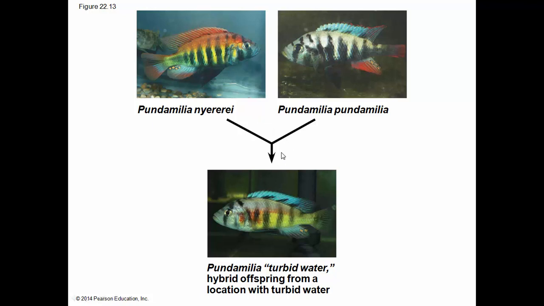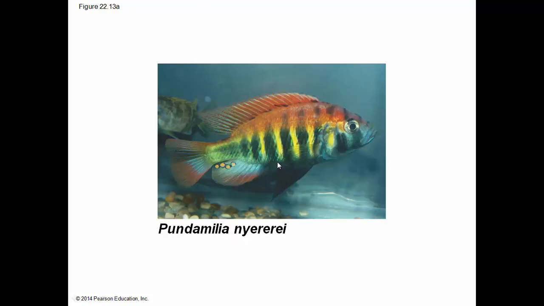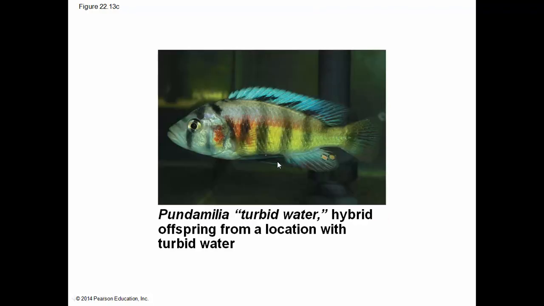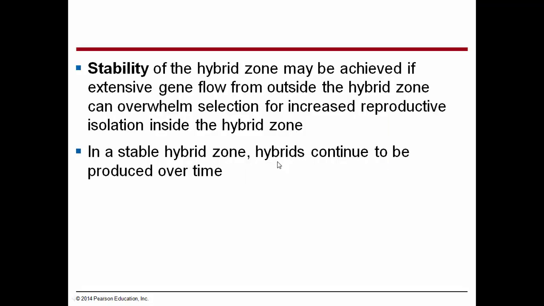These populations will become less distinct. Stability of the hybrid zone may be achieved if extensive gene flow from outside the hybrid zone can overwhelm selection for increased reproductive isolation inside the hybrid zone. In a stable hybrid zone, hybrids continue to be produced over time.